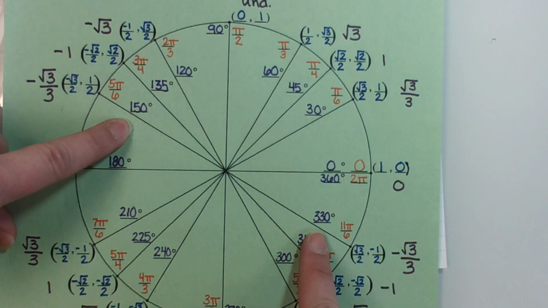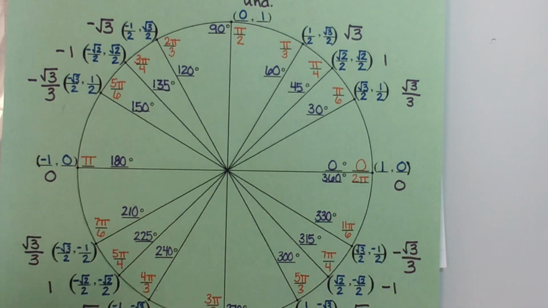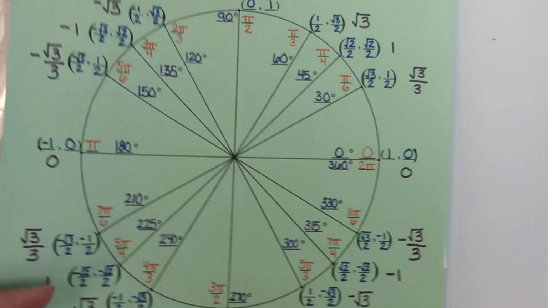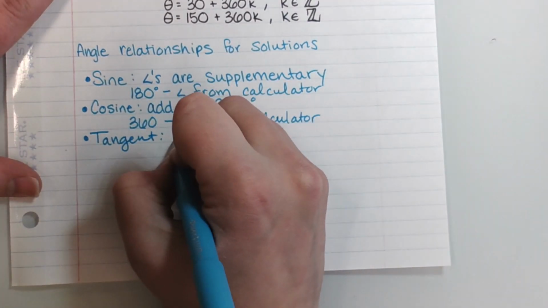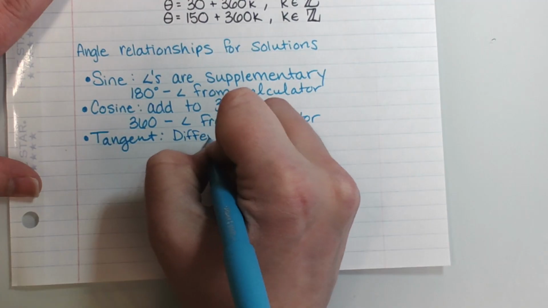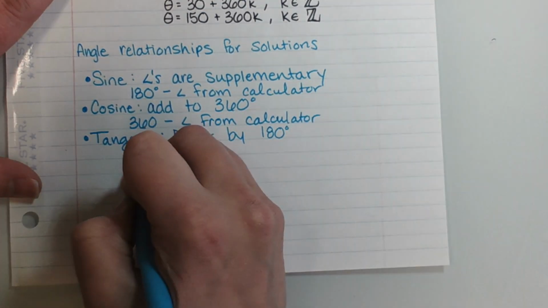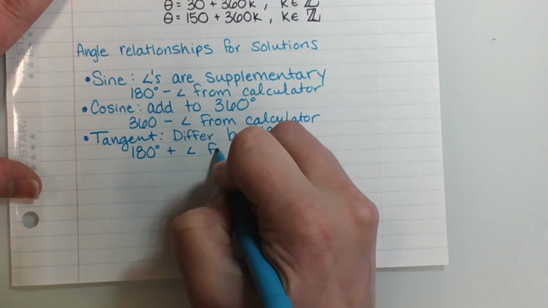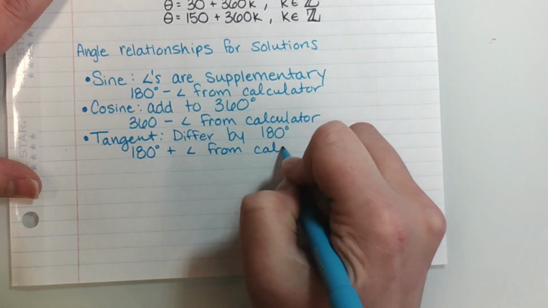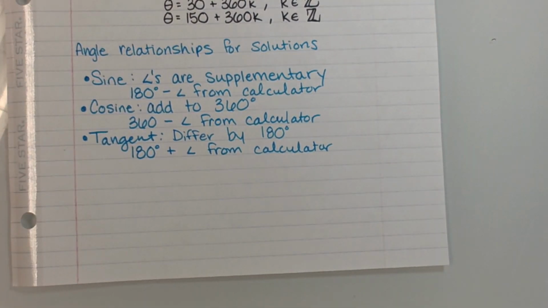Do you notice they're directly across the circle? Yep. They're half a circle away from one another. How do you travel half a circle? 180 degrees. These ones differ by 180 degrees. In other words, you take 180 and add it to the angle from the calculator. And that can get you from one angle to the next angle for tangent.